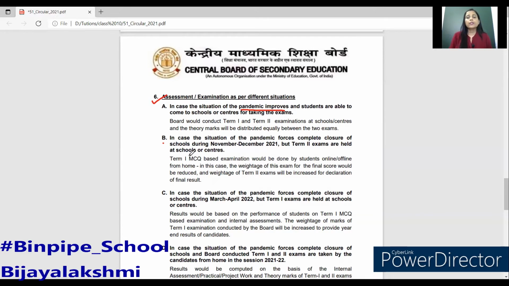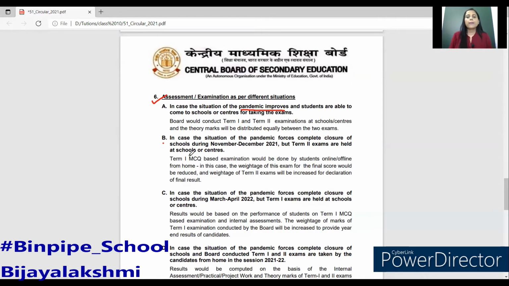And if it is in online mode from home, then the weightage will be lessened, but the term 2 weightage will be increased.